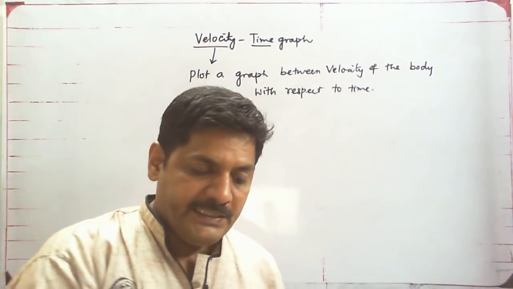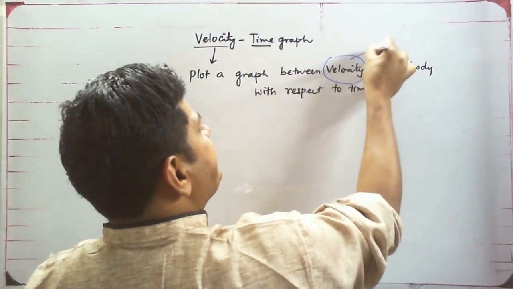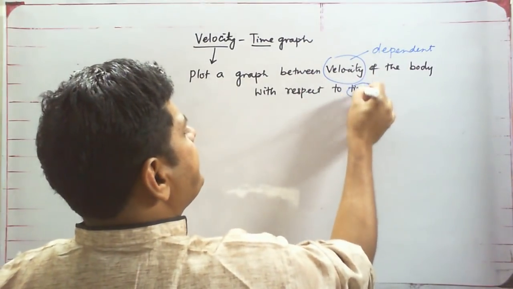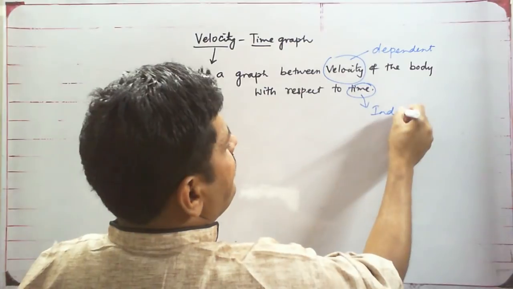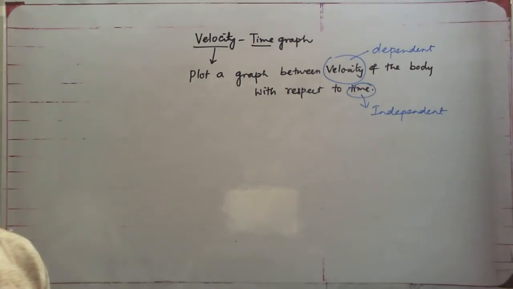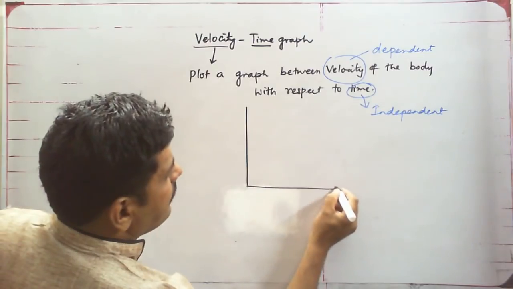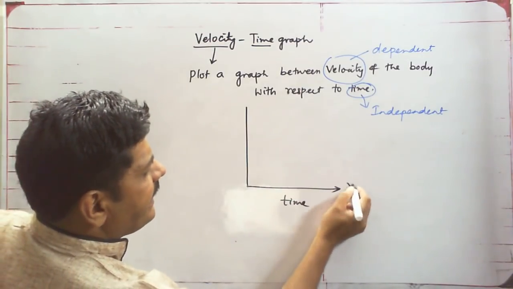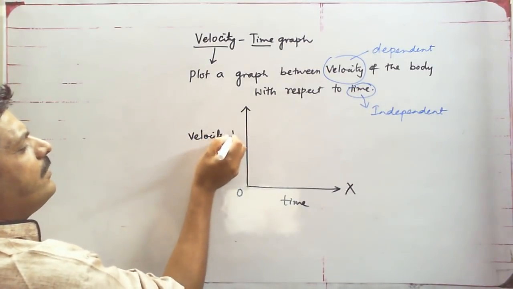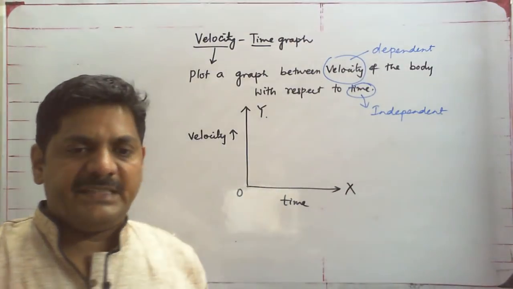Out of these two quantities, velocity and time, velocity is the dependent variable and time is the independent variable. So in velocity time graphs, we would be taking time along the x-axis and velocity along the y-axis. So this would be the representation.